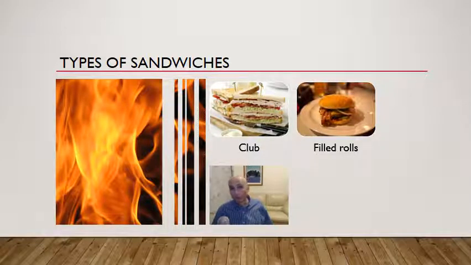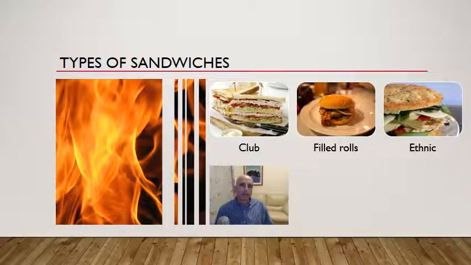One you probably know very well is the hamburger, is a type of filled roll, but they can be steak sandwiches. There's a whole range there. Looking at ethnic, so we're looking at focaccia, Turkish bread, pita bread, wraps, that kind of thing that can be used, and the fillings generally have those beautiful flavors.